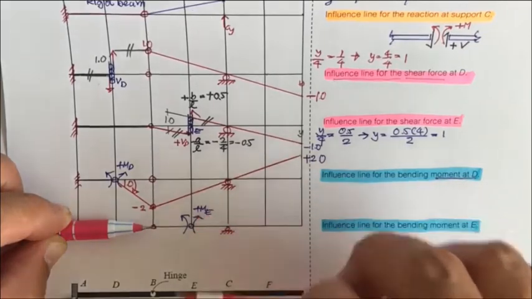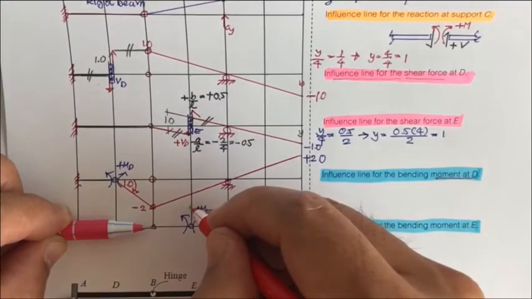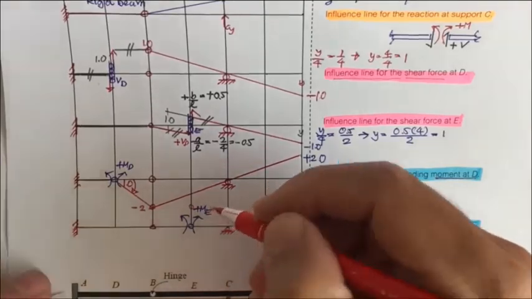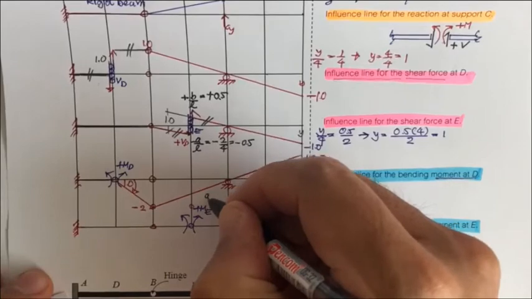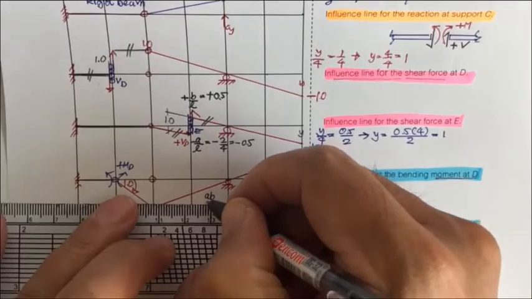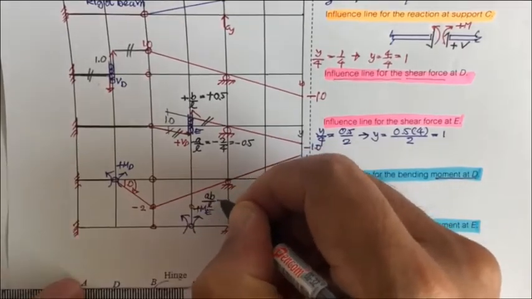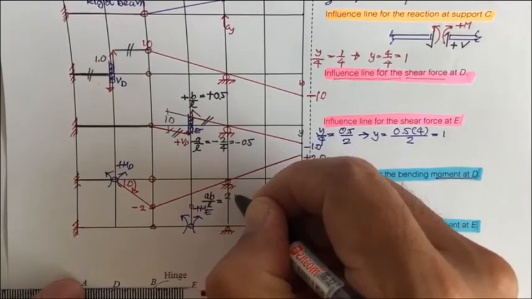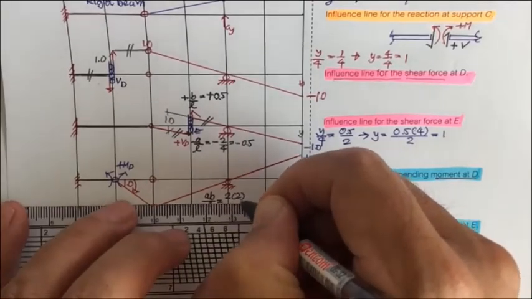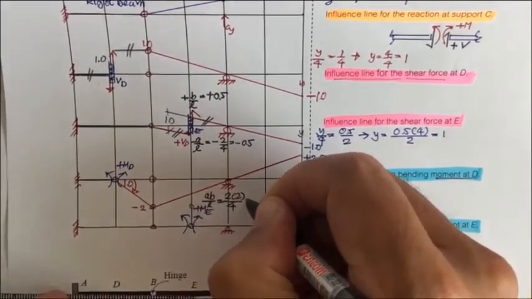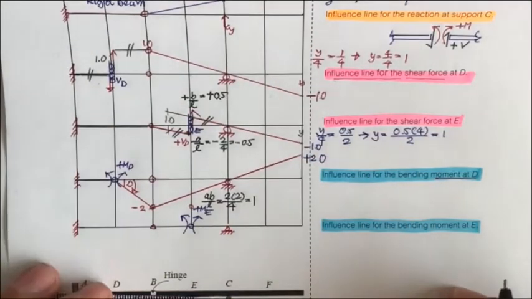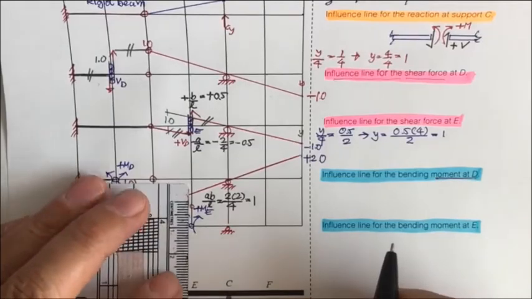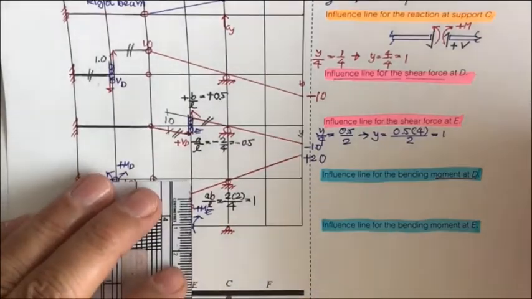So this one is going to move to somewhere here with the coordinate A times B divided by L. It's going to be 2 times 2 divided by 4, which is 1. So this one is going to move by our scale to here.